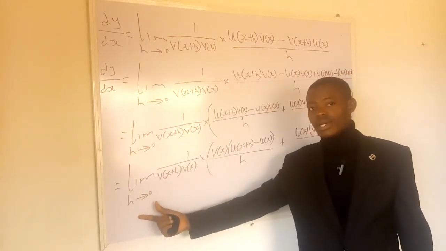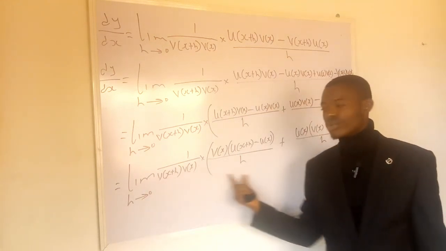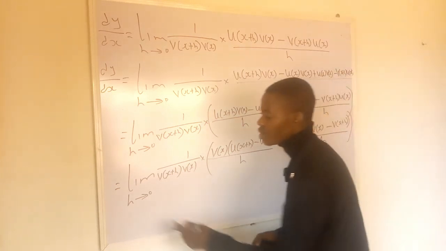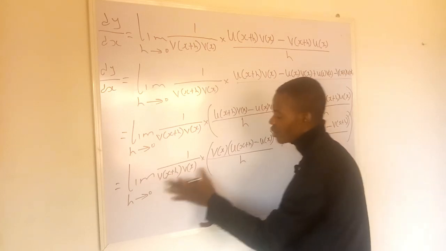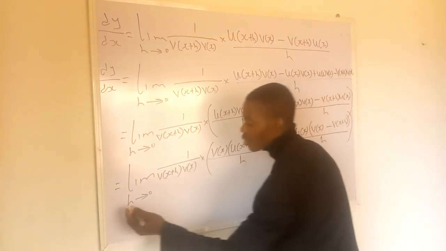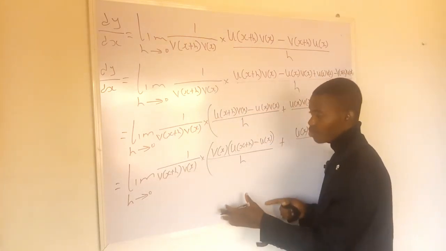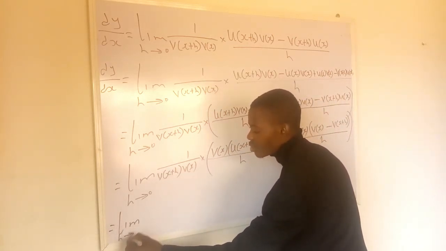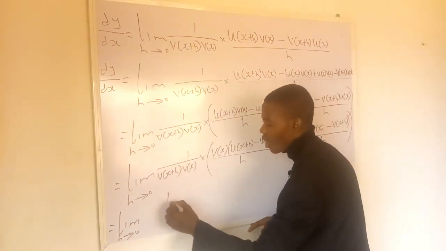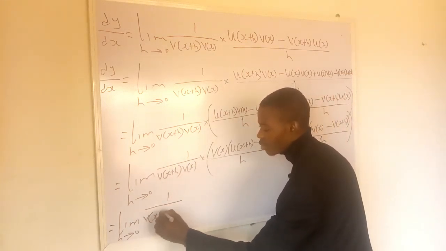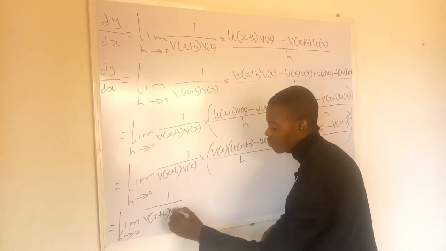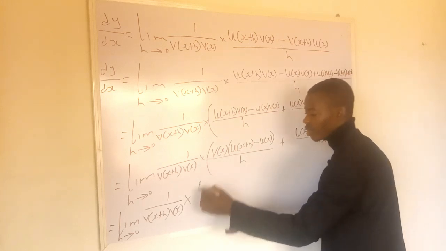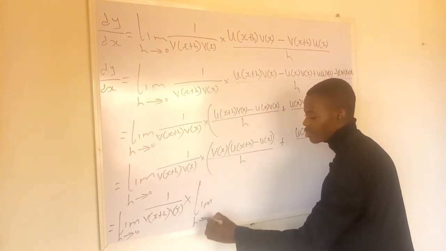Perfect. So now what I'll do next is that, this is multiplying this entire expression, and this is the limit outside them. From properties of limits, the limit of a product is the product of limits. Okay, perfect. So what I'm going to do is that I'm going to distribute the limit for this and for this entire expression. Okay, then we have it, it should be enough. So we have the limit as h approaches 0 of 1 divided by v of x plus h times v of x, yes, then times, okay, the limit as h approaches 0.